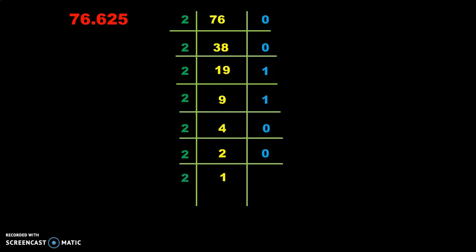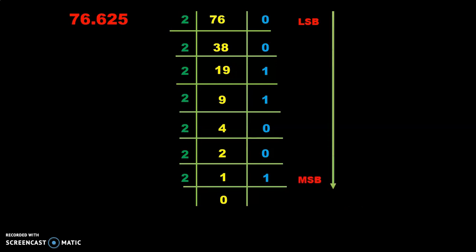And if we divide 1, that is our quotient, by 2, that division may not be possible. So we have to write 0. We have to end our process of repeated division at this stage, and the quotient, that was 1, automatically becomes a remainder. Now we know which one is LSB and which one is MSB, and we have to write the values of the binary number from LSB to MSB.